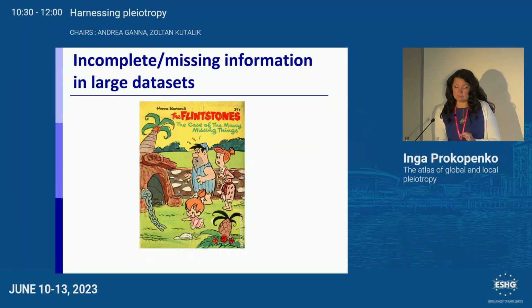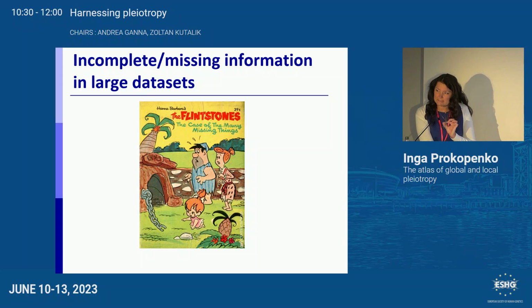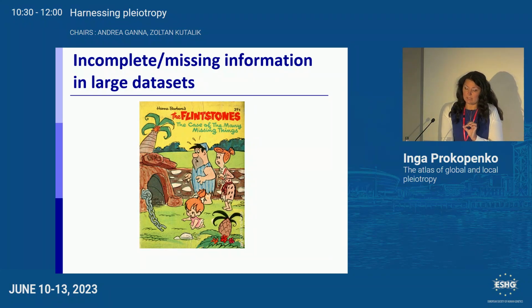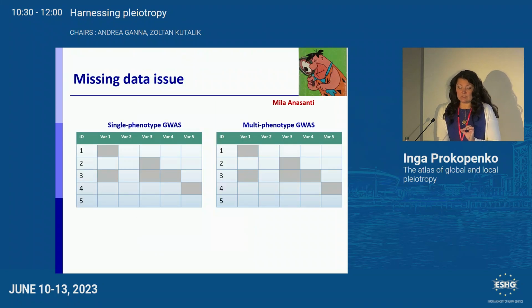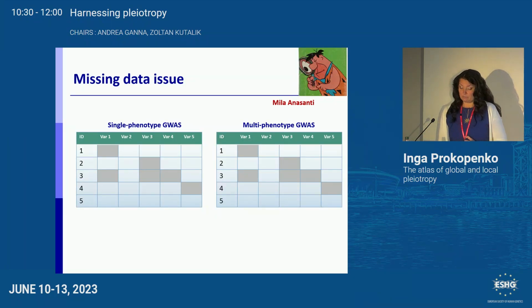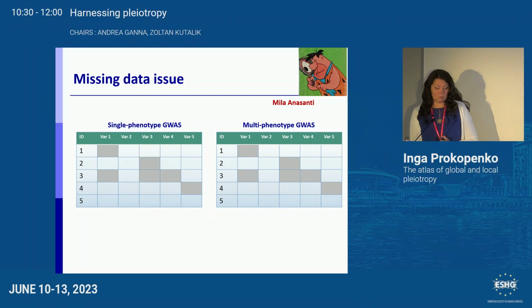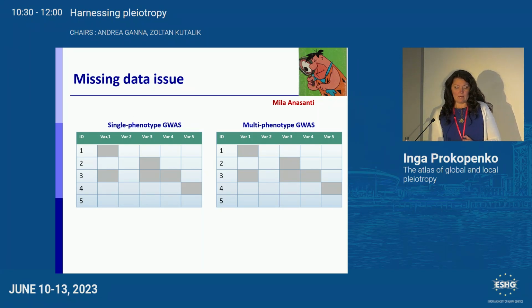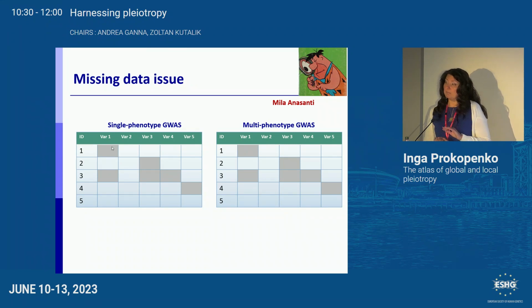And I already mentioned to you that if we have missing data in the phenotype, it's an issue. We are limited to the complete case studies. So if we do this example of having 5 phenotypes in single phenotype GWAS, and let's say 5 individuals, gray squares here are missing data points.